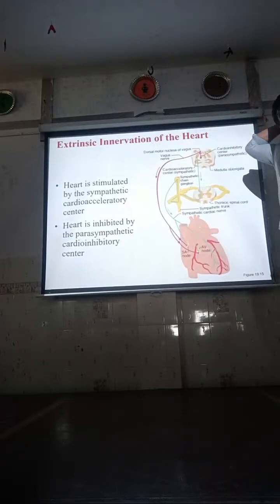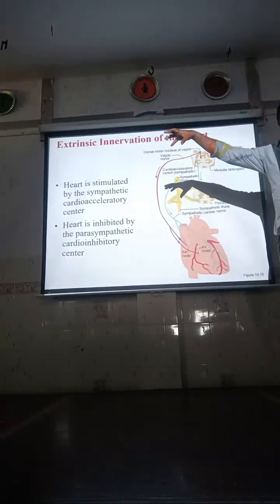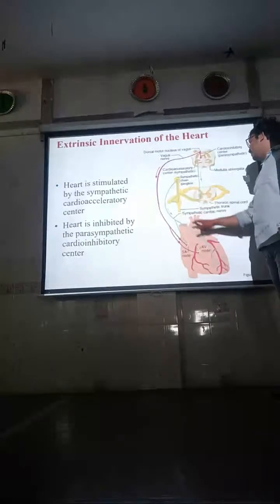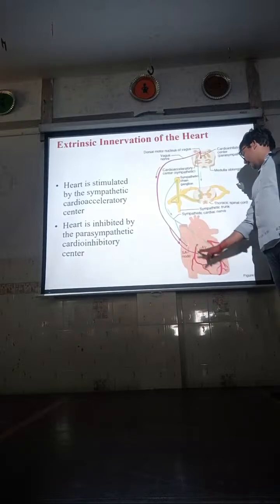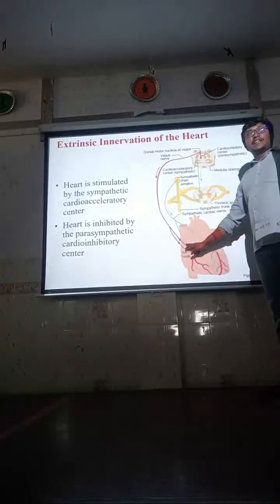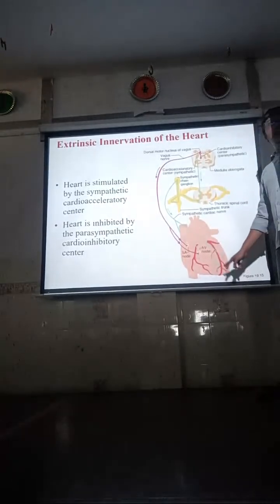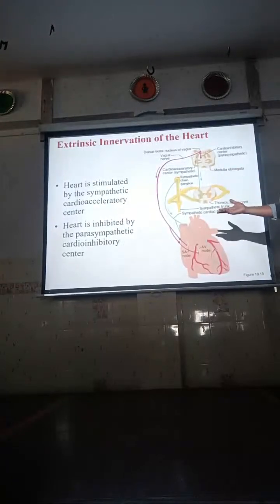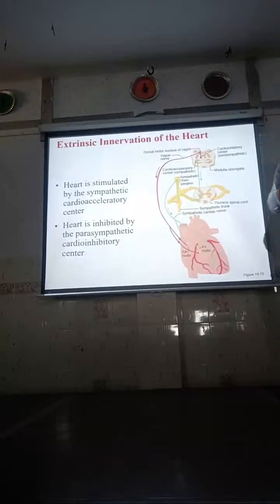In the vertebral column, the spinal cord is present. The spinal cord gives rise to different spinal nerves. From the spinal nerves, the impulse enters the sympathetic cardiac nerve and is carried to the SA node, AV node, bundle of His and Purkinje fibers. The SA node rate is higher, the AV node and bundle of His rates are a little lower, whereas the Purkinje fibers' rate is very low, 20 per minute.